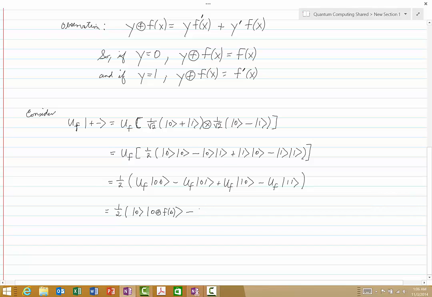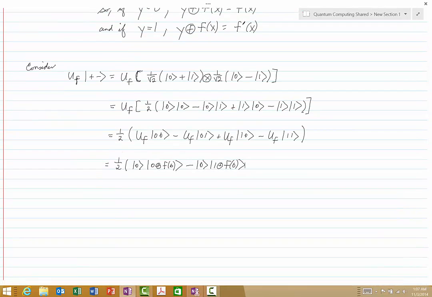Now for the second one, again, the first qubit is always the same, so 0, and then the second one will be 1 exclusive or f of 0.